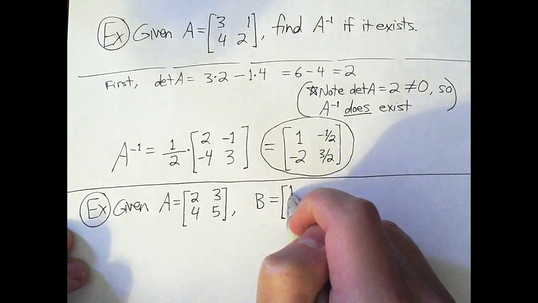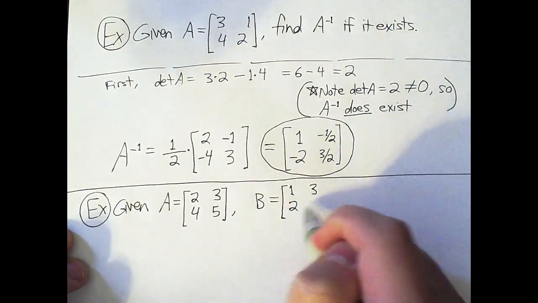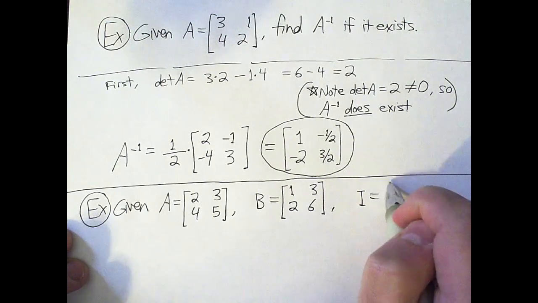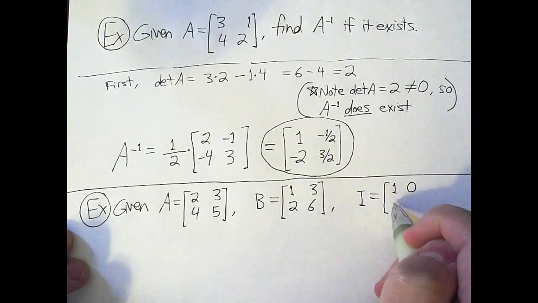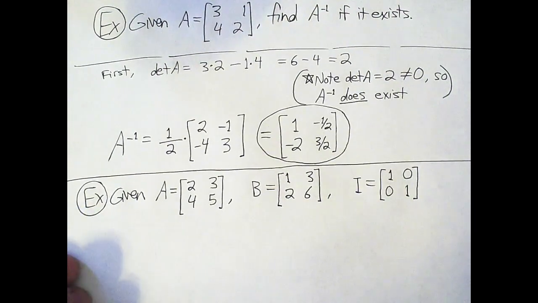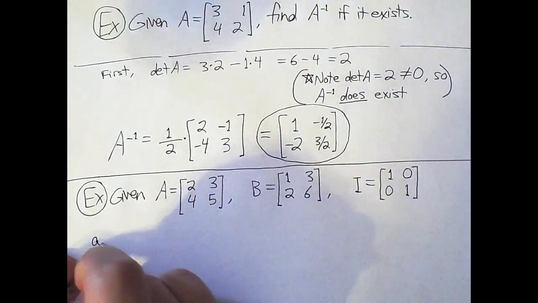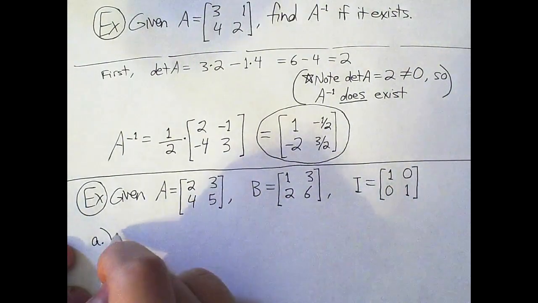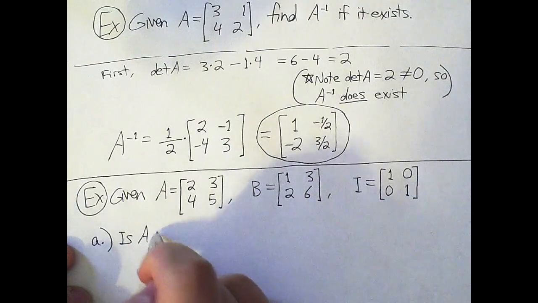B equals [1, 3; 2, 6]. And I. We know what I is. It's the identity matrix, but we're actually going to use that as one of the problems. So given these 3, I'm going to say, is A invertible?